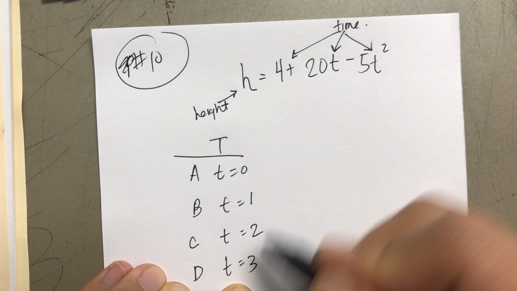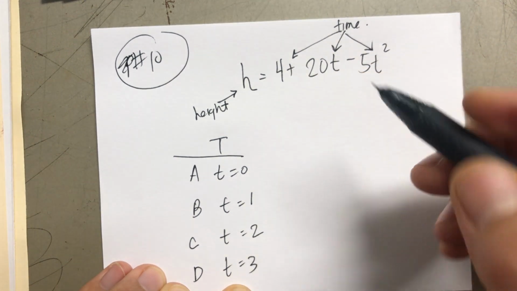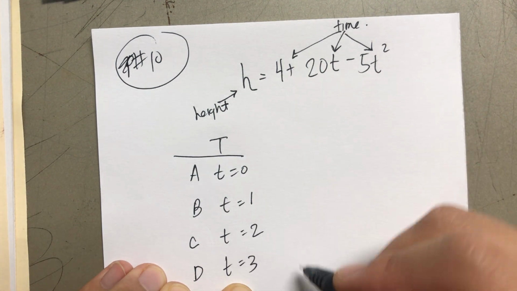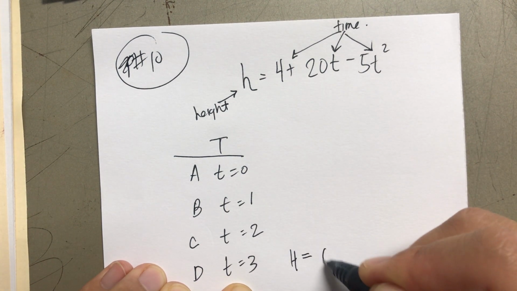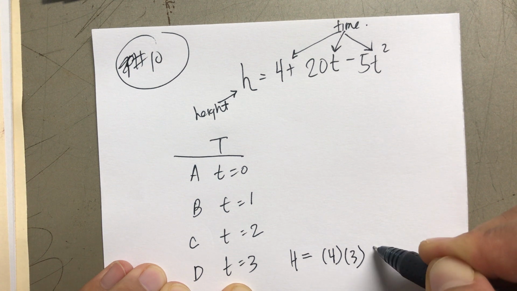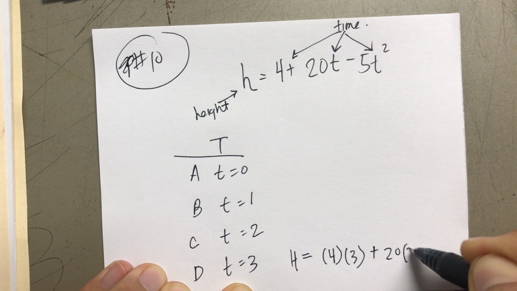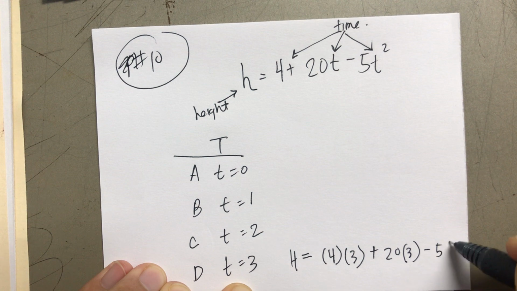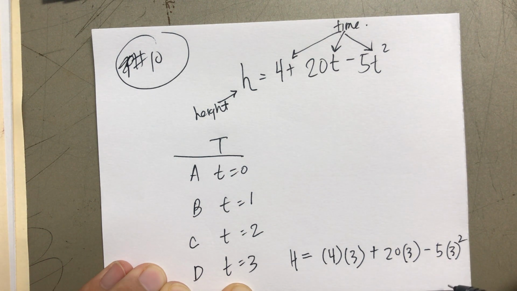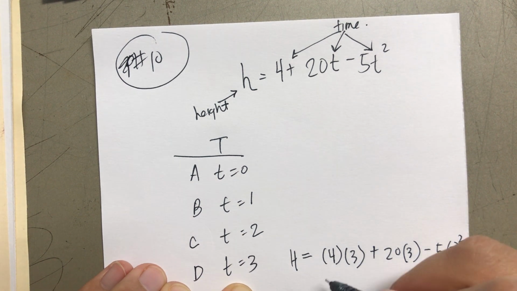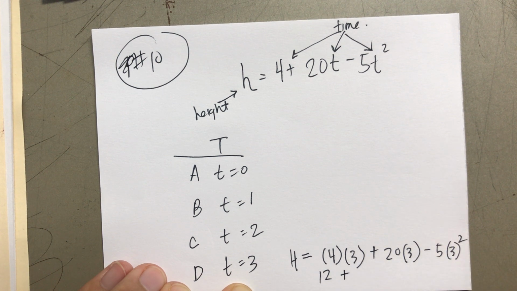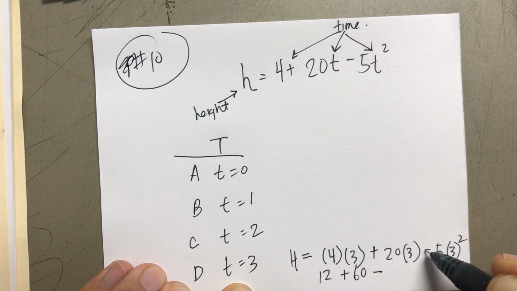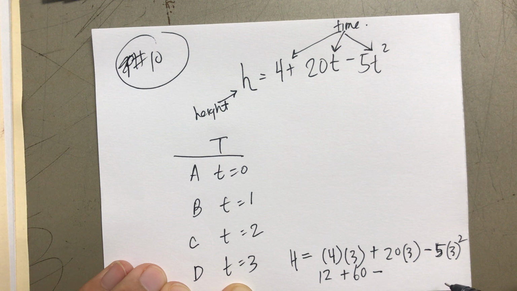Okay, so remember, this is t and we want to find the greatest height. So what is the height when you put 4 plus 20 times 3 minus 5 times 3 squared? Okay, and this is a no calculator section. So this is going to be 12 plus 60. So that's 72 minus 9 minus 5. 9 times 5 is 45.